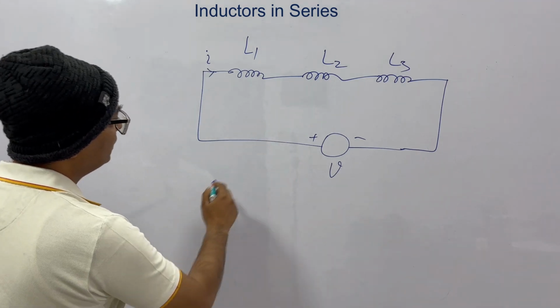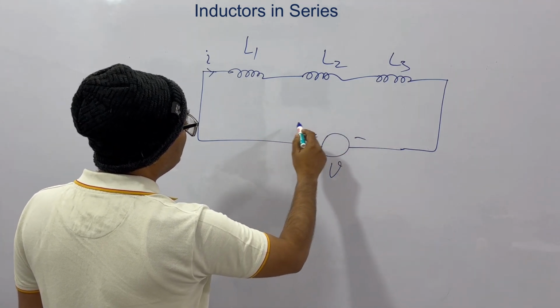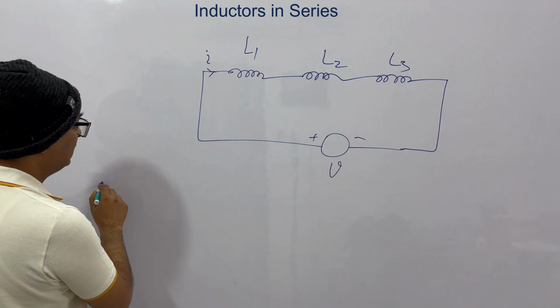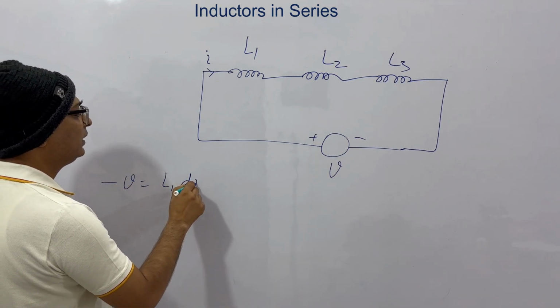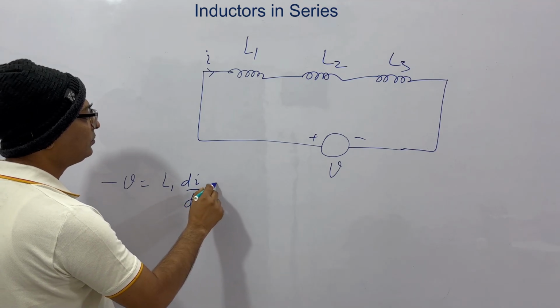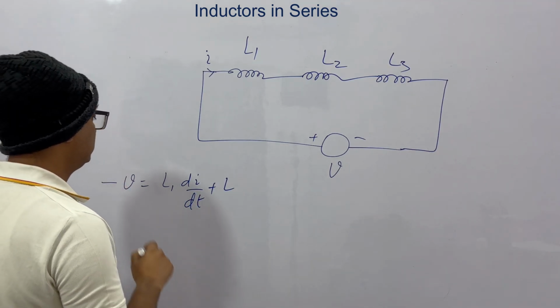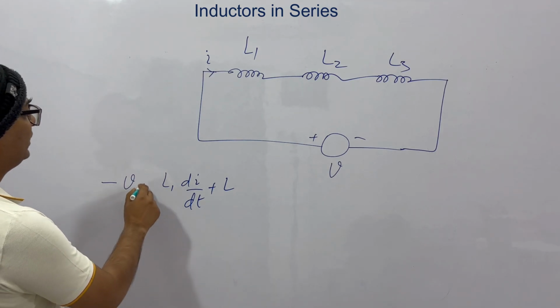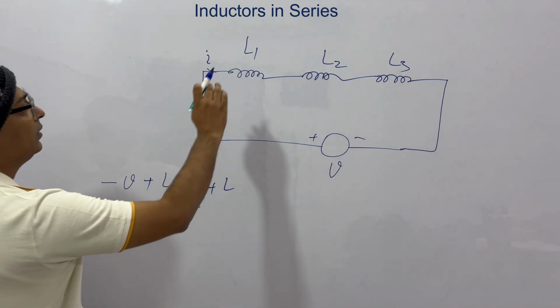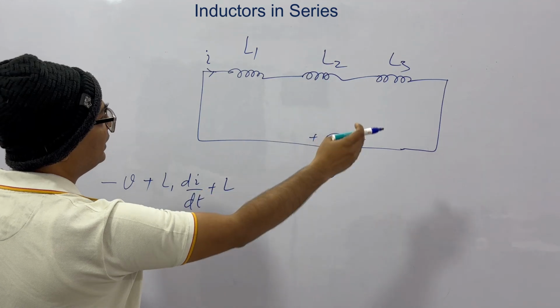Then if you take KVL, minus V plus L1 di by dt plus L2 di by dt and plus L3 di by dt equals zero.